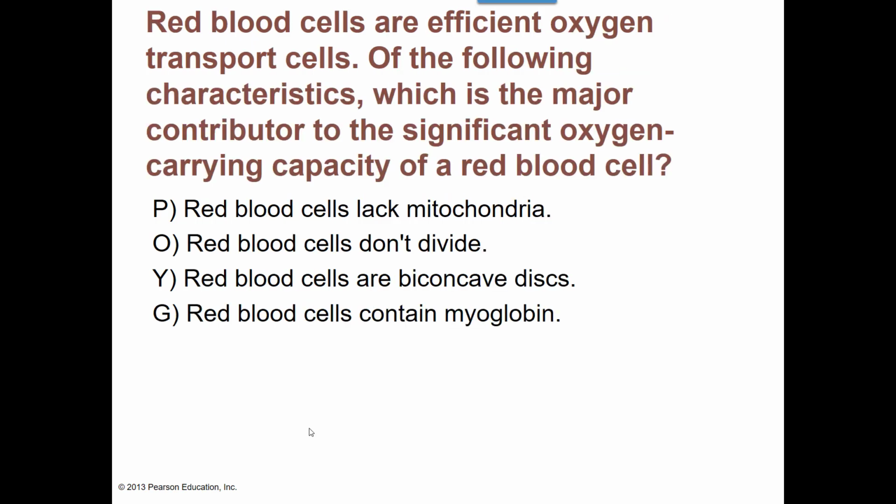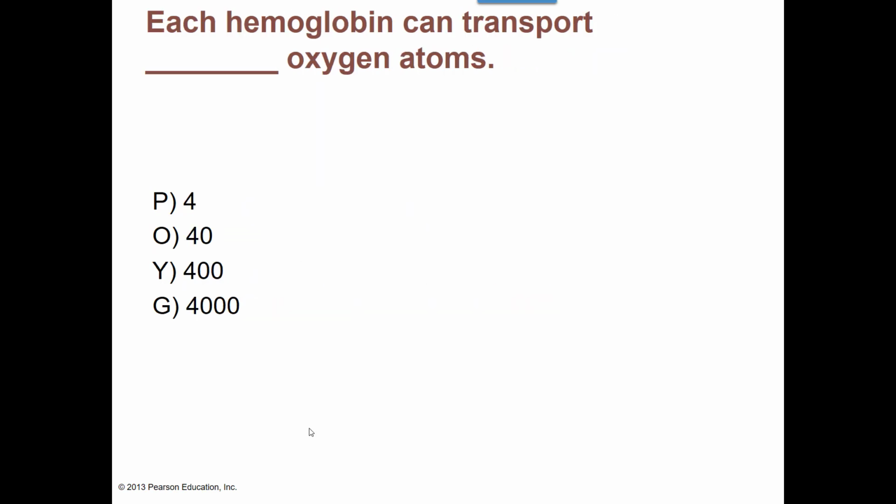The big thing is they've got that awesome surface area because of their biconcave discs. Each hemoglobin can transport 4 oxygen atoms.